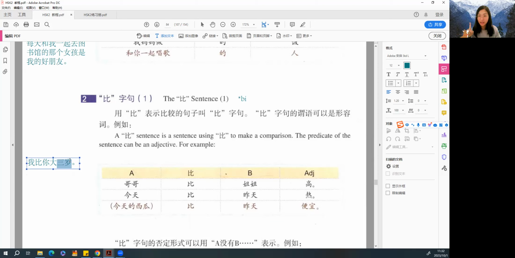But actually, if we take a look at this part here, 我比你大, it's already a complete sentence which indicates I am older than you. And we want to add some details here. So how many years older than me, right? So I say 我比你大3岁, 3 years. I'm 3 years older than you. So here we are adding the details.